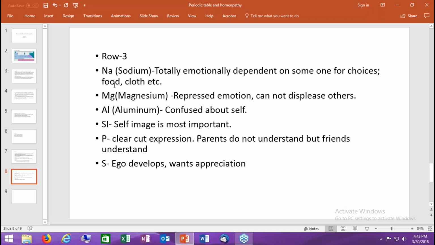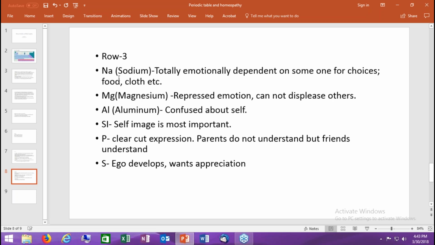So there is a difference between sodium and sulfur. In case of sulfur, the patient says, yes, long back when I did not have anything, you have not recognized me. But today I have everything, so you must recognize me. That want of appreciation with self-ego is sulfur. But in case of sodium, no question of ego and all.